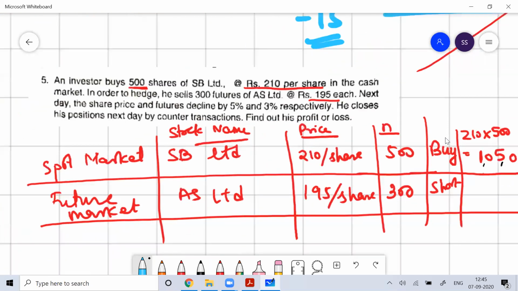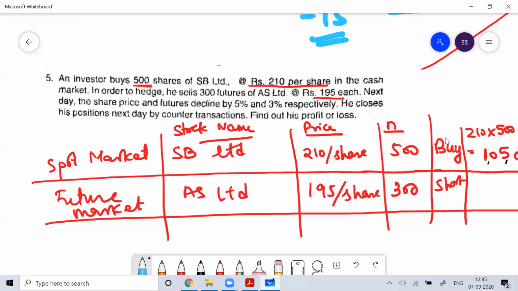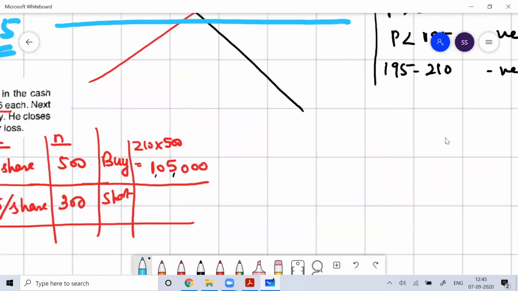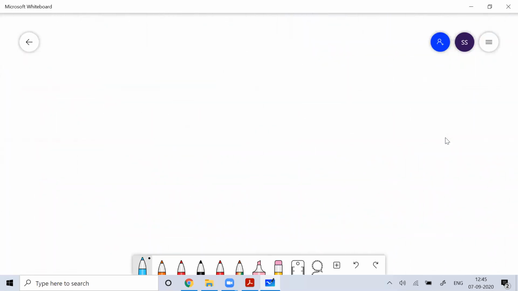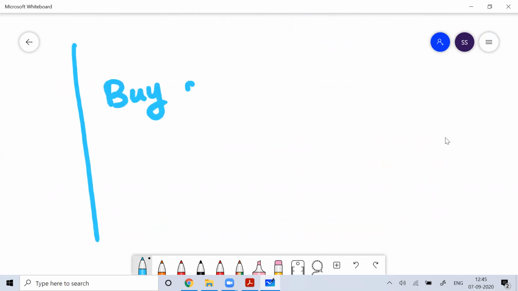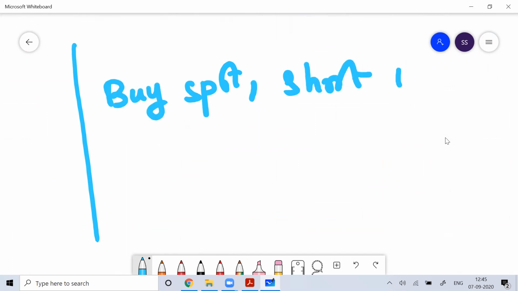Now, next thing, one more thing you can remember, that in the spot market you can buy, and in the derivative market you hedge your risk by taking a short position. That is the common strategy: buy in the spot market and take a short position in derivatives.